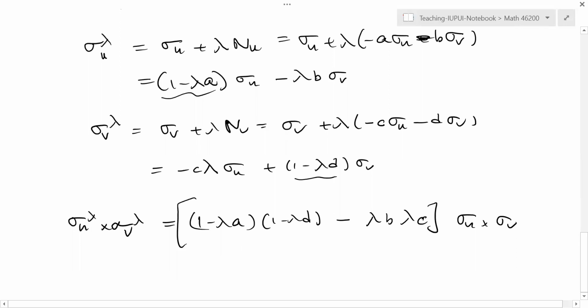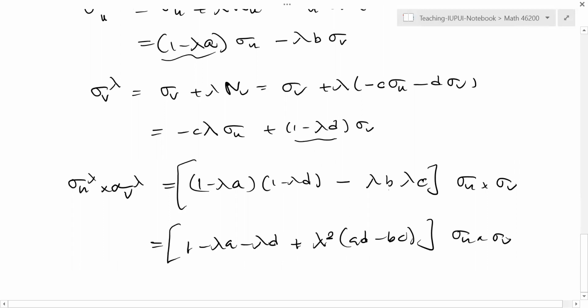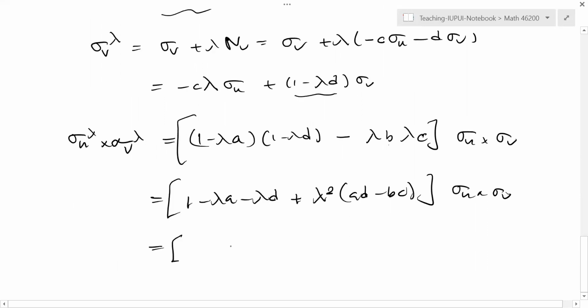All right, so let's multiply this out. It's 1 minus lambda A minus lambda D plus lambda squared AD minus BC.